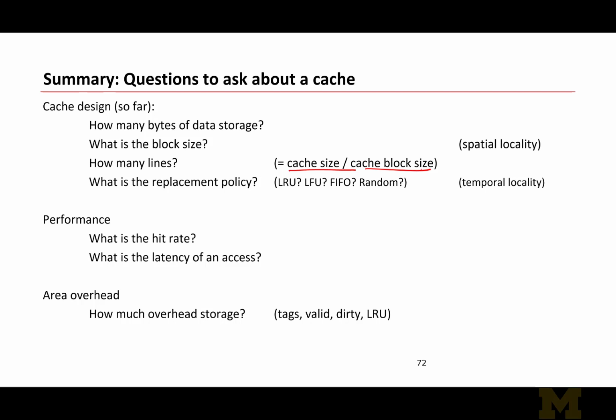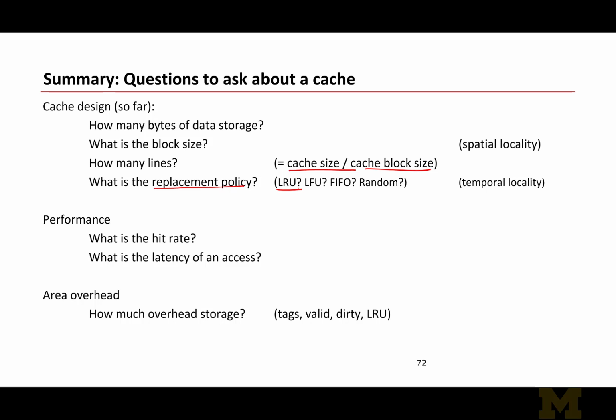And then when you're designing a cache, it is also important to specify what type of replacement policy you want to use, and that depends on what type of temporal locality your programs are likely to exhibit. We talked about LRU policy at length.